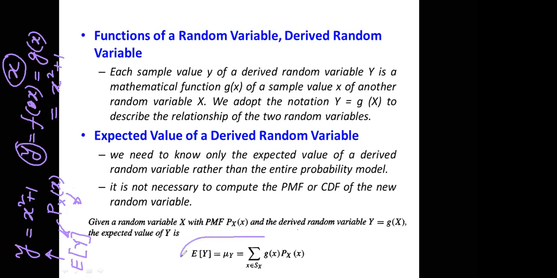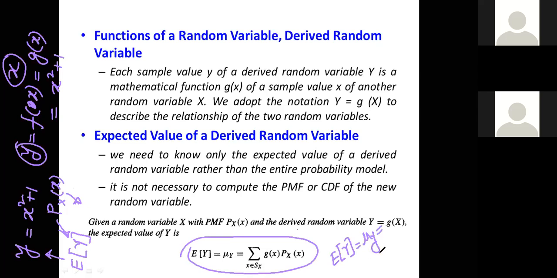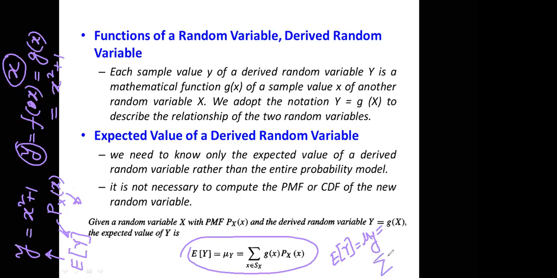By using this formula. Look at this. Expected value of Y, that will be equals to mu Y, we know that. And that will be equals to summation of g of x, p of x.